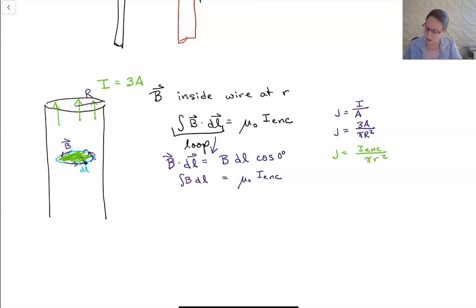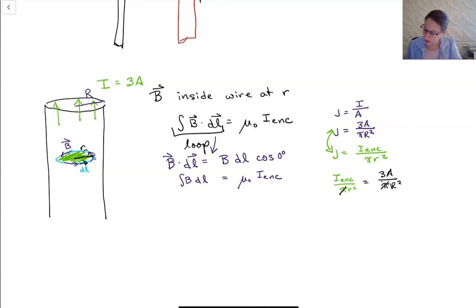And so we can equate these two, because it's the same current density. The total current over the total area is equal to the current that's inside that area divided by this green area. So equating those, I enclosed over pi little r squared, that's the radius that I've now covered up, is equal to 3 amps, our total current, over pi capital R squared.